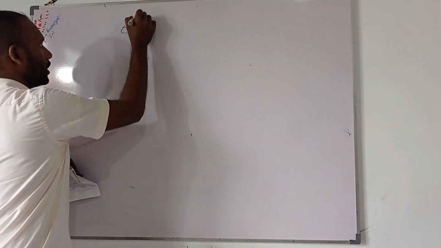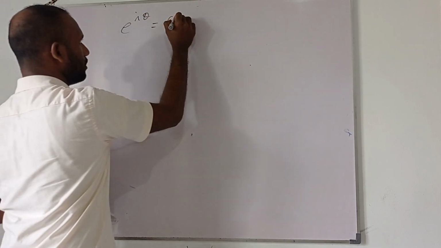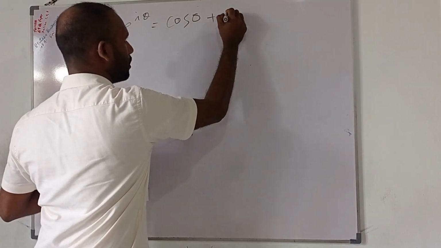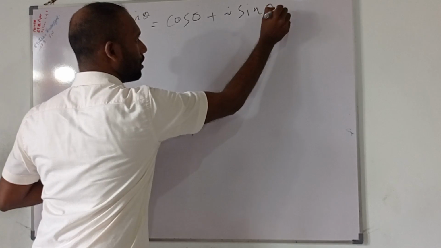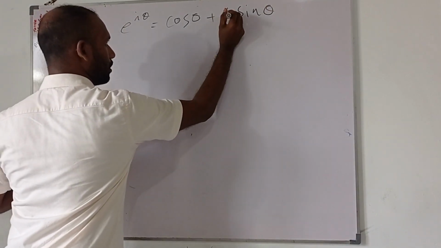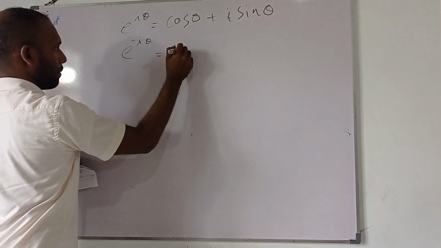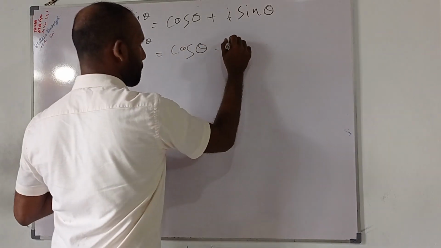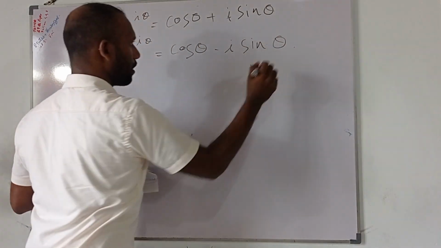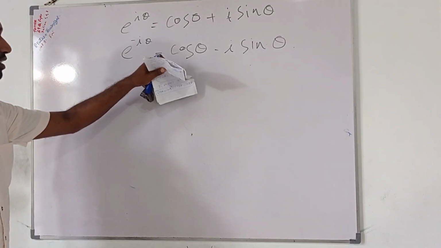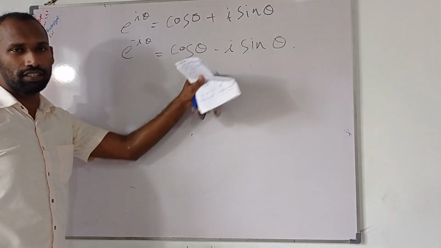So e to the power i theta equals cos theta plus i sin theta, and e to the power minus i theta equals cos theta minus i sin theta.